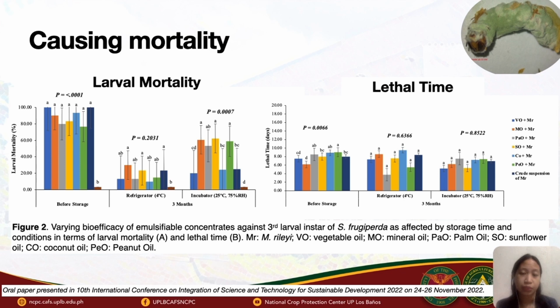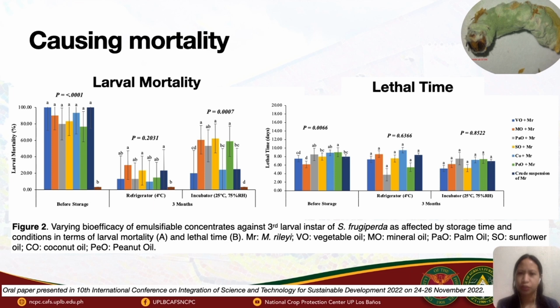Succeeding bioassays were conducted to compare the insecticidal activity of the EC formulations before they were stored and after 3 months of storage in refrigerator and incubator. The mean larval mortalities were highest before storage, about 87%, while mean mortalities were lower after 3 months storage in refrigerator, 17%, and incubator, about 47%.